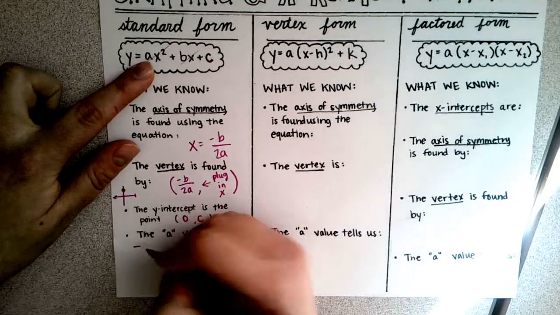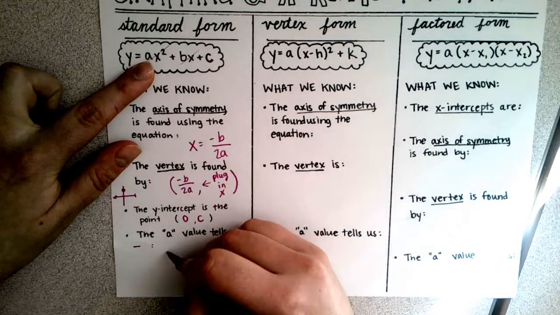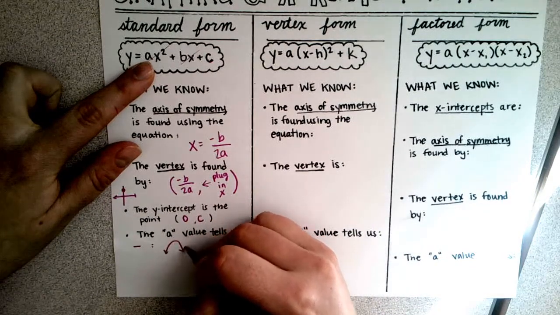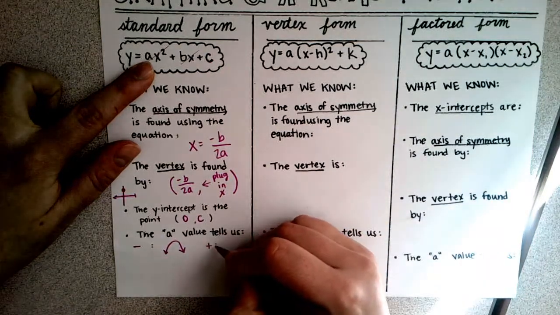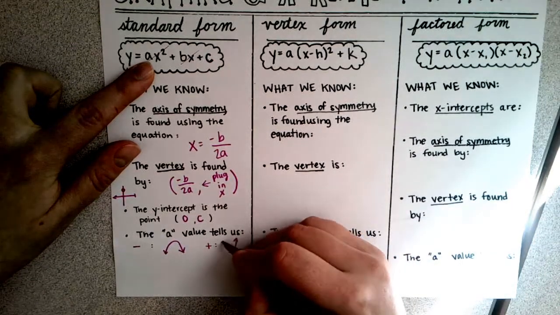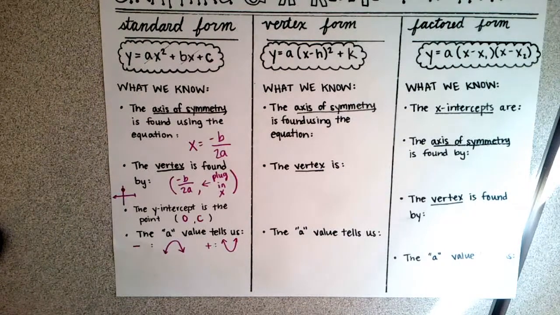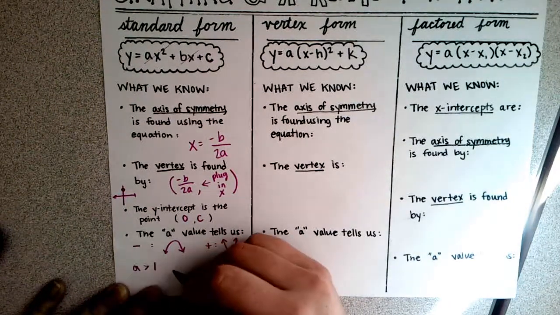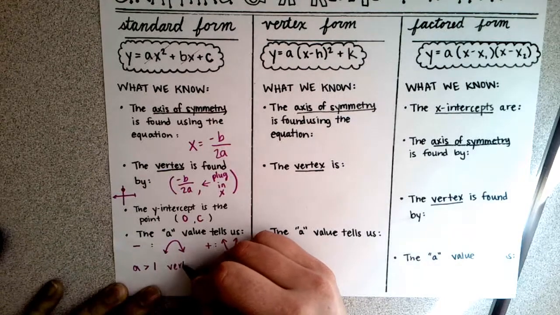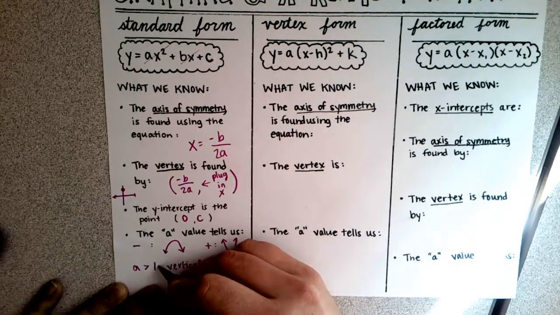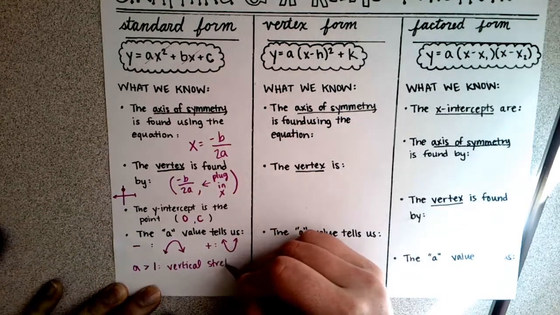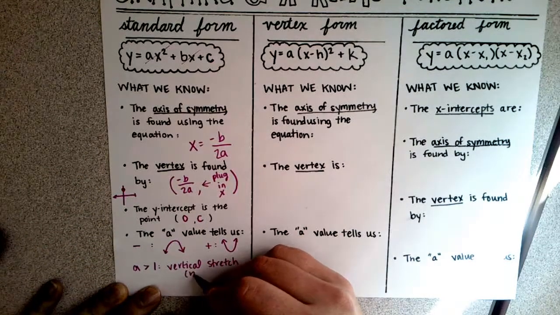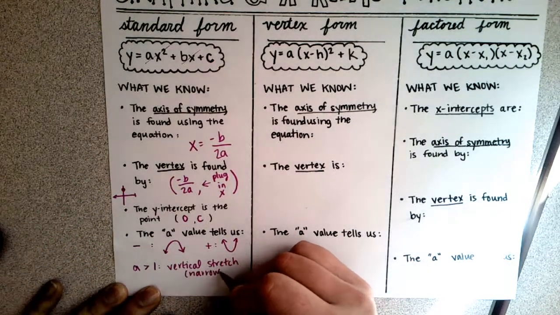We've learned that when the a value is negative, that means the parabola opens down. When it's positive, the parabola opens up. We have learned that when the a value is greater than 1, we have a vertical stretch, which just means our graph is a little bit narrower.